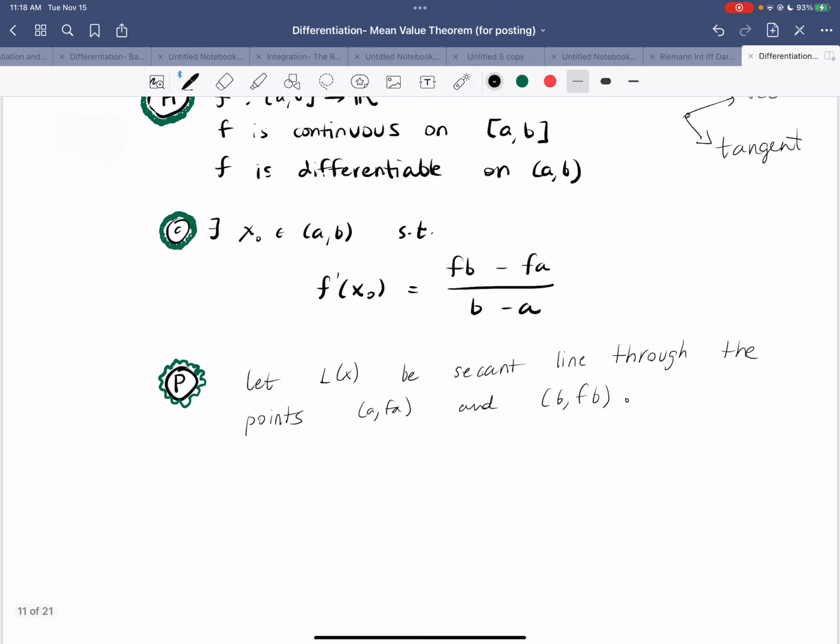X naught is not equal to x1, and f of x naught is not equal to f of x1. Okay? So here's x naught and here's x1. Now, I cannot apply the mean value theorem directly because for the mean value theorem, your function has to be continuous on the closed set.